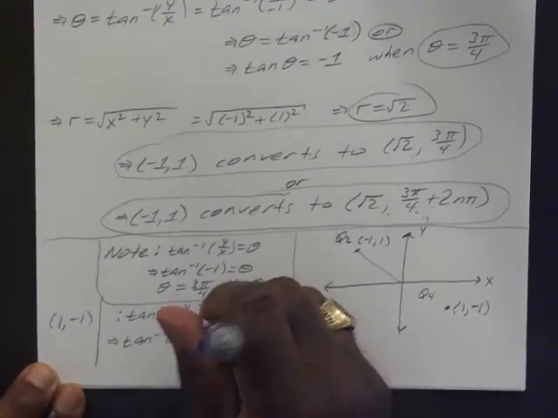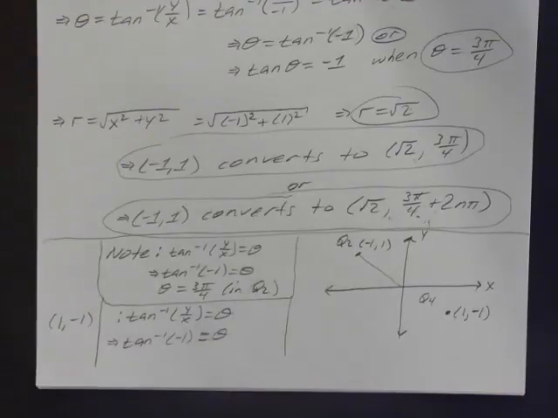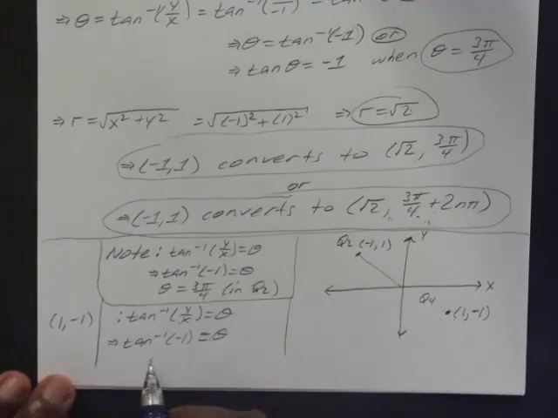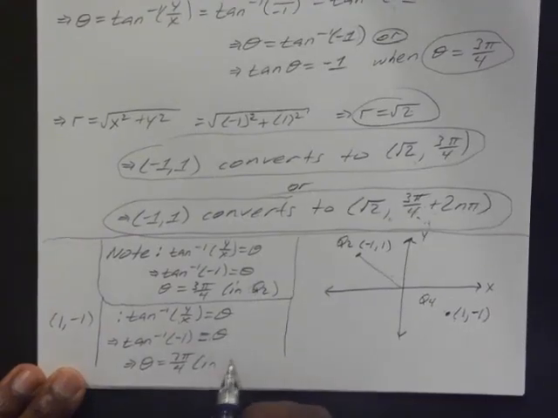But in this case, it's -1 over 1, and up here it's 1 over -1. So still will give you -1. But in this coordinate, theta would equal 7 pi over 4 in quadrant 4.